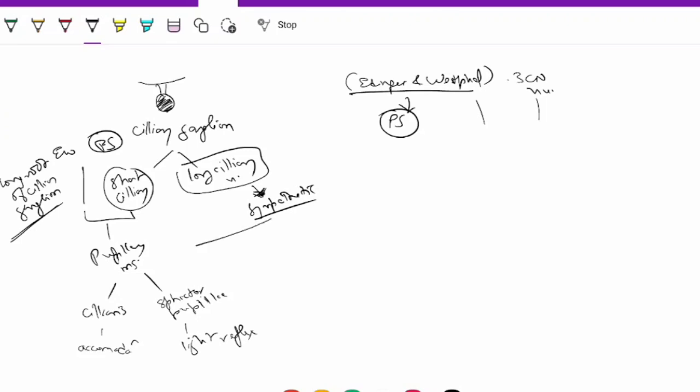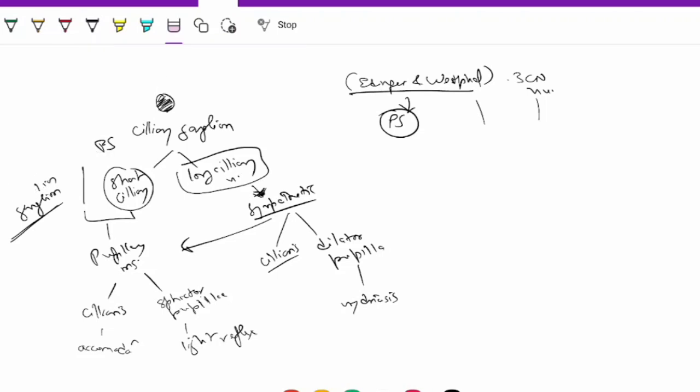To whom does it supply? Same muscles, but the action is very different. So it supplies ciliaris and something known as dilator pupillae, causes mydriasis. So this is what sympathetic does, right? Once this much is covered, we'll move forward.